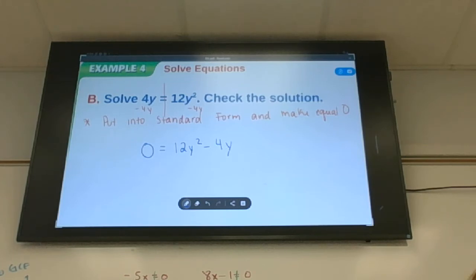So in order to make it equal 0, you got to cancel something out. So I actually like the 0 on the other side. Which side do you guys like your 0? I think they've all been on that side. Right side. Okay, guys. So now we're going to GCF. What's the greatest common factor of these two? And why?